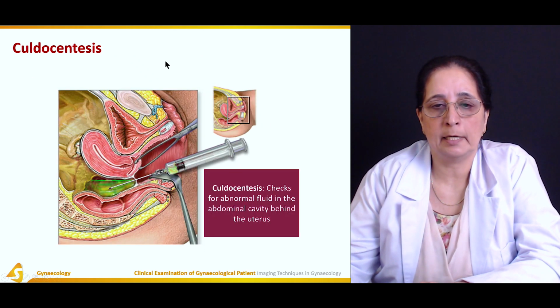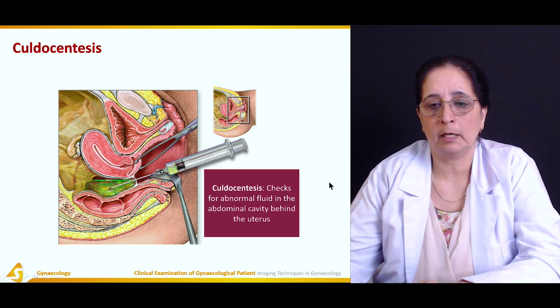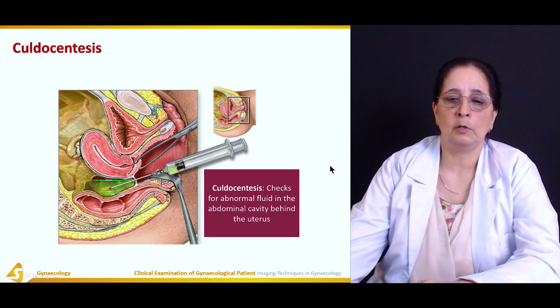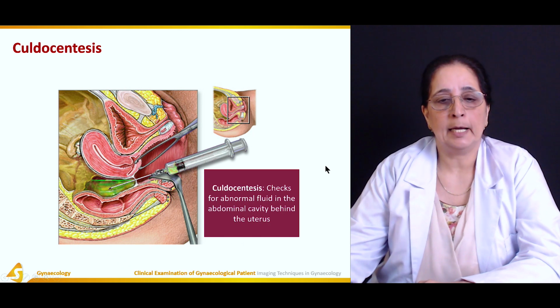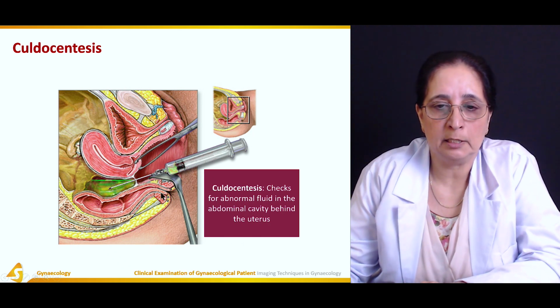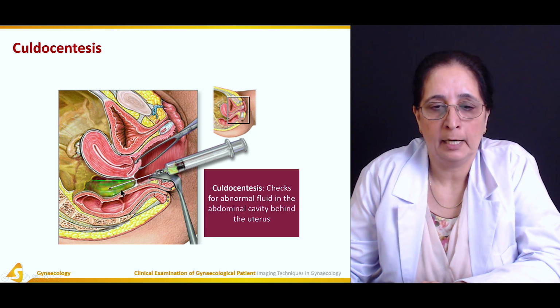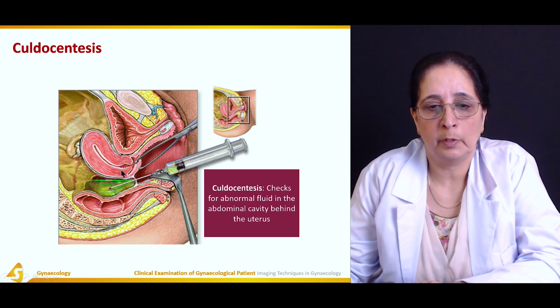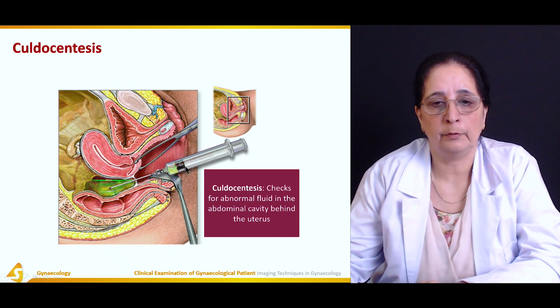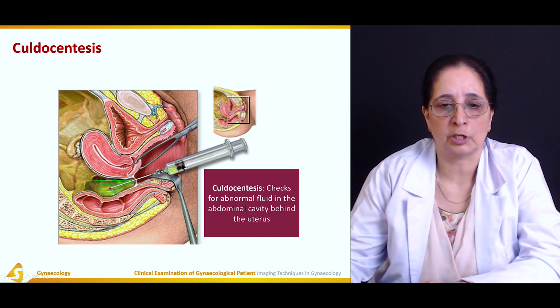Culdocentesis. Culdocentesis is done to look for abnormal fluid collection behind the uterus. So this is the uterus. This is the collection of the fluid in the cul-de-sac. This is the cul-de-sac. So it's the culdocentesis, removal of the fluid or aspiration of the fluid from behind the uterus, the cul-de-sac.